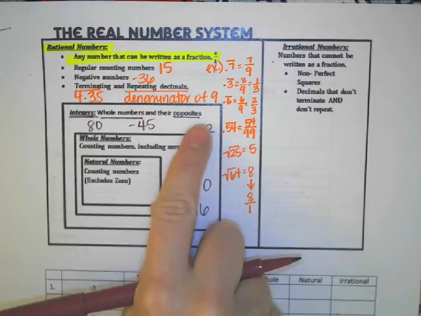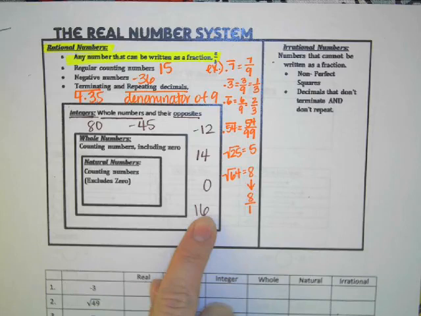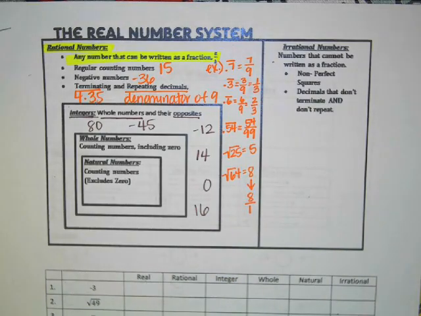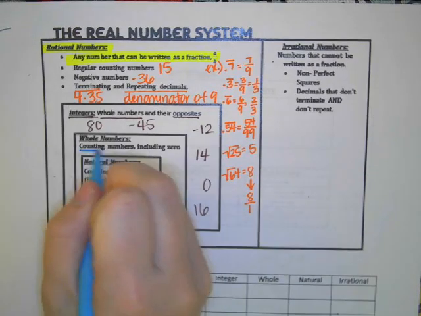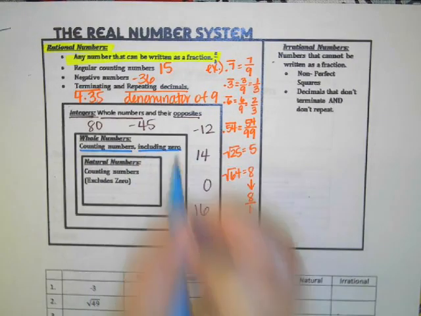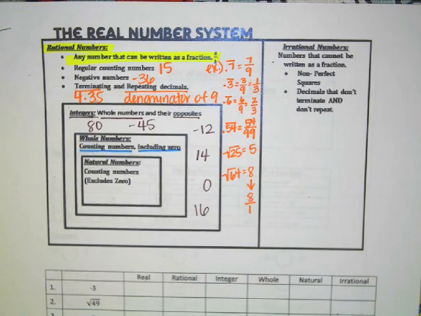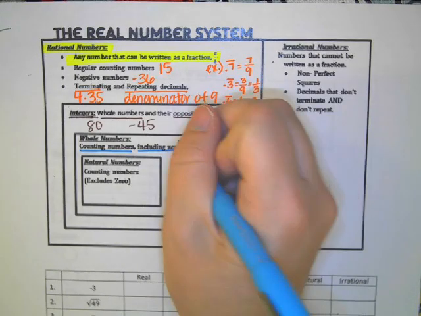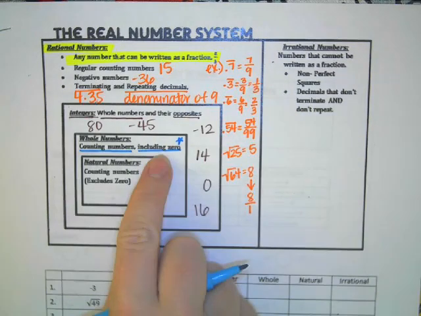All these are integers. Now, if we're talking about whole numbers, these are our counting numbers, including 0. Anytime we're counting on the number line, we still see the number 0, so this is considered a whole number.